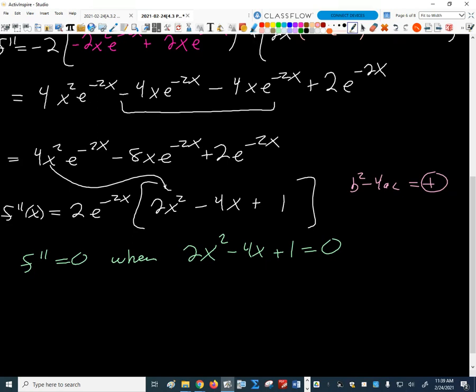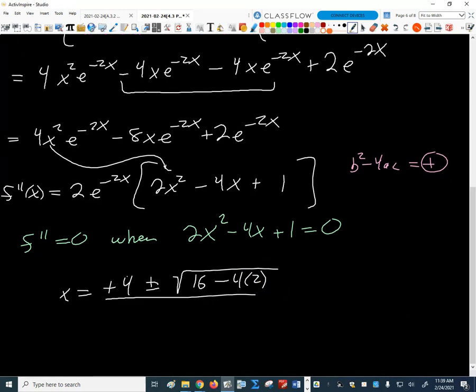I mean, they're about the same, but if we use the quadratic formula, what are we going to get here then? x equals negative b, so positive 4, plus or minus the square root of the discriminant, so 16 minus 4 times 2 times 1, all divided by 2a, so 4.